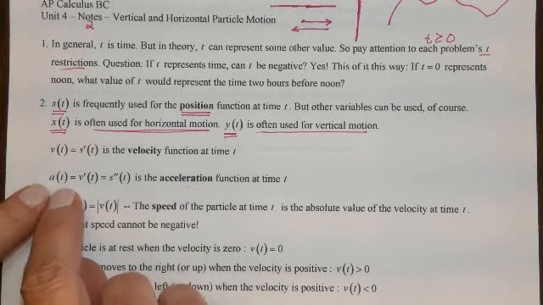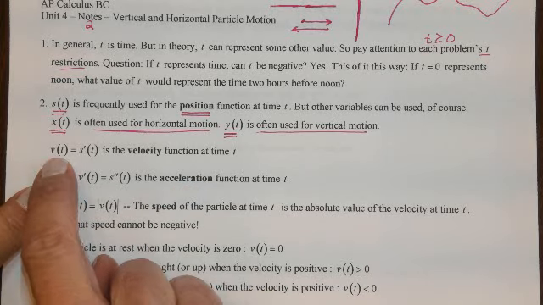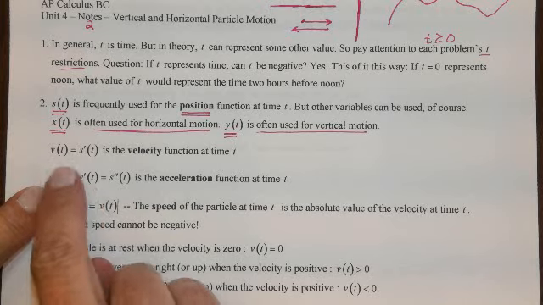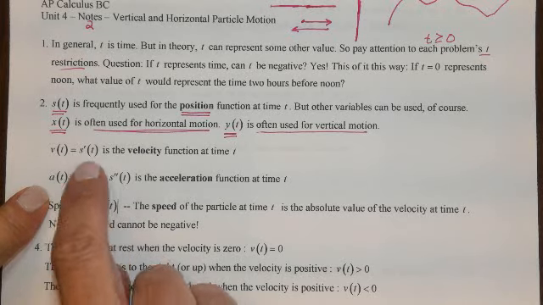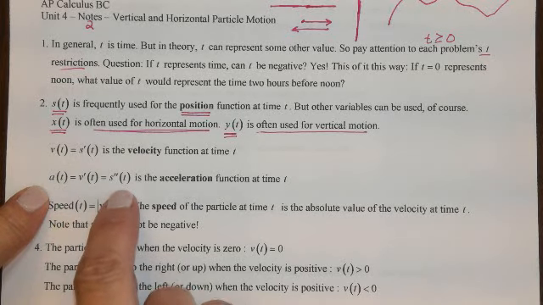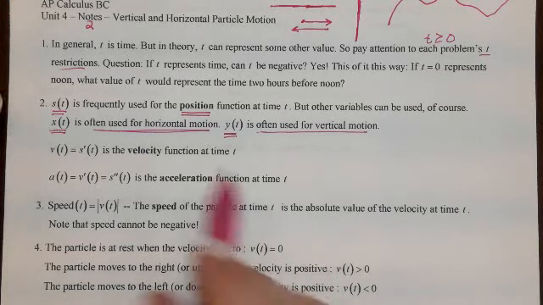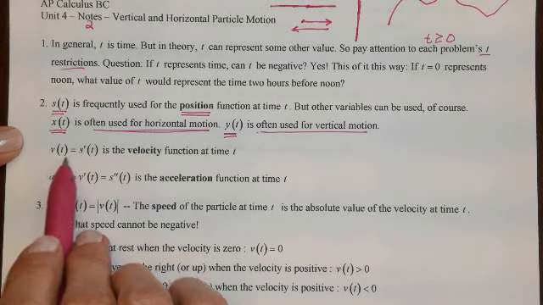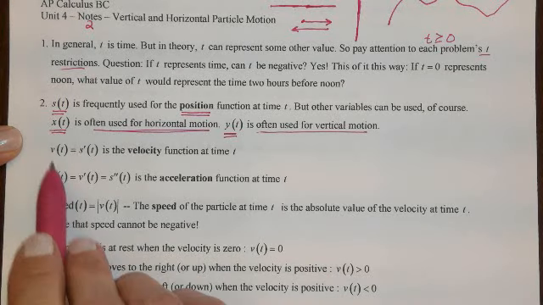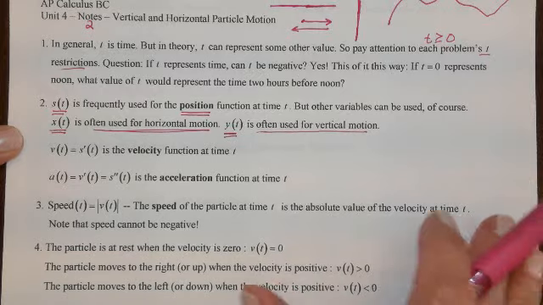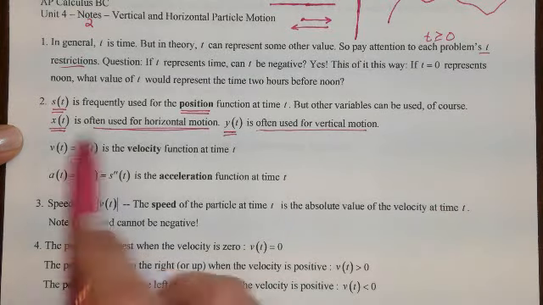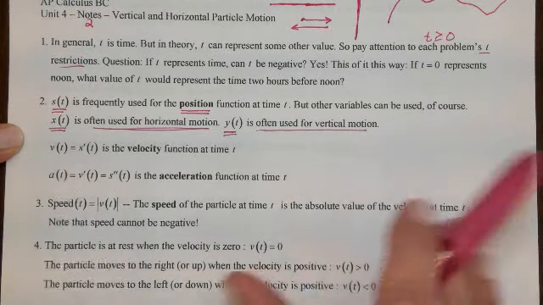And to find acceleration, you take the first derivative of velocity, which means you're taking the second derivative of position. So S, V, and A are all functions of time. That's what this of t means all over the place, right? They are functions of time. So as time changes, these functions change.